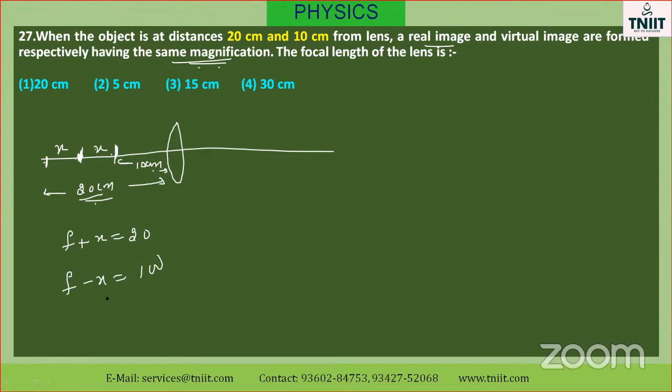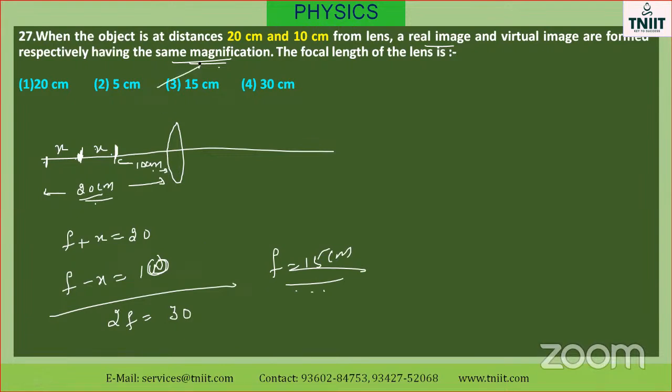Now, if you add these two equations, you are going to get 2f is equal to 10 plus 20, which is 30. So f value will be equal to 15 centimeter. So what is the focal length? 15 centimeter.